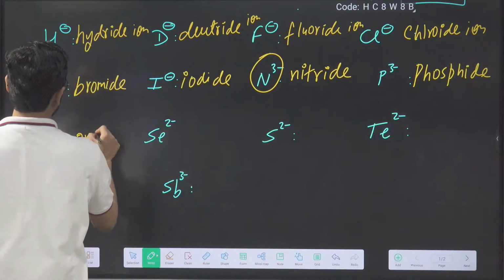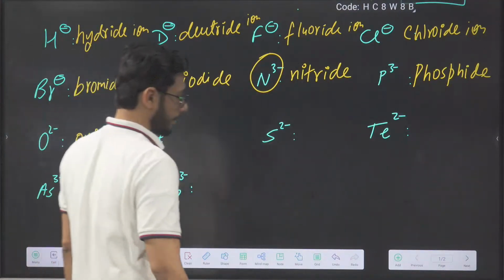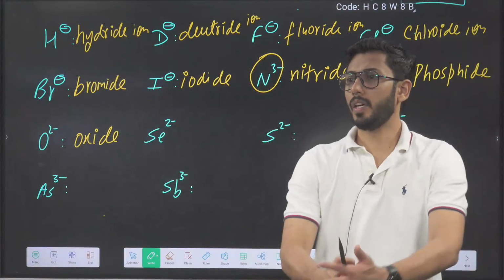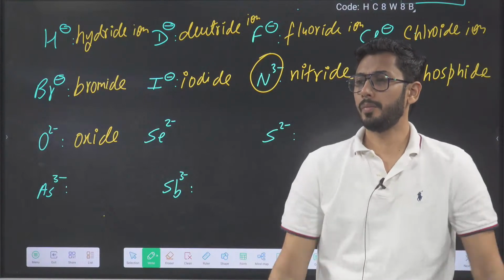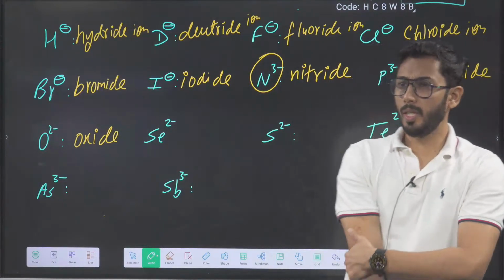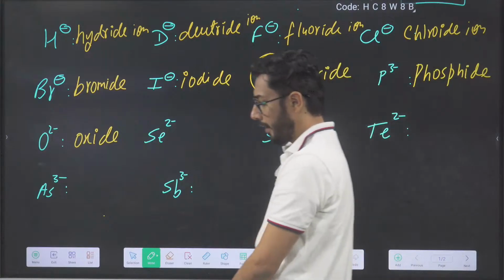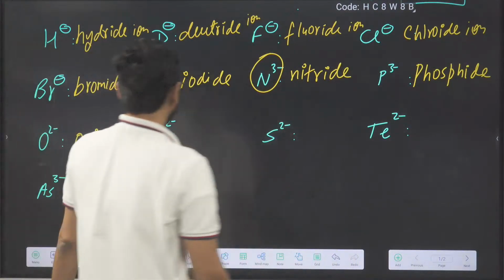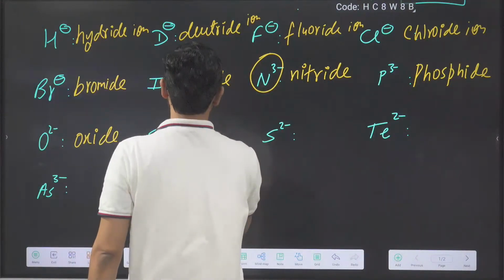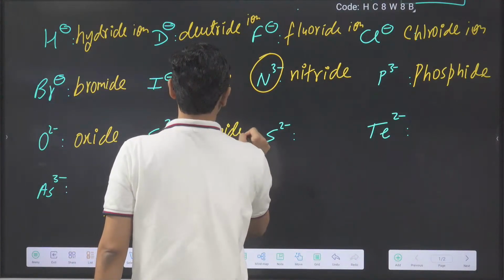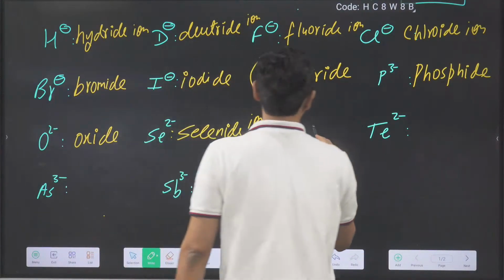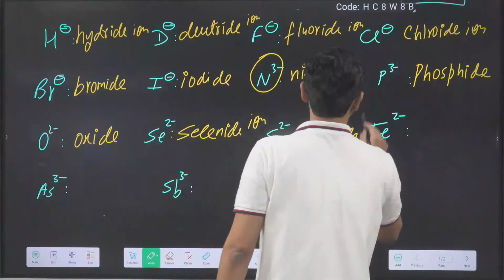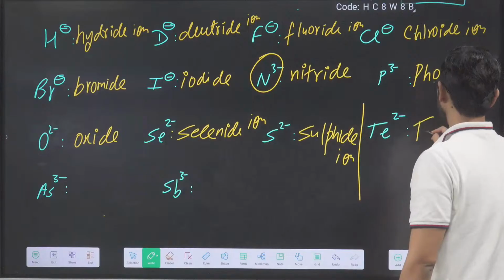O2 minus, oxide. Very good, Lavanya, Pooja, Shri, Harshini. Fluoride, chloride. Very good. Keep on writing further. O2 minus, oxide. Se, it's selenide. S2 minus, sulfide ion. Te2 minus, telluride.